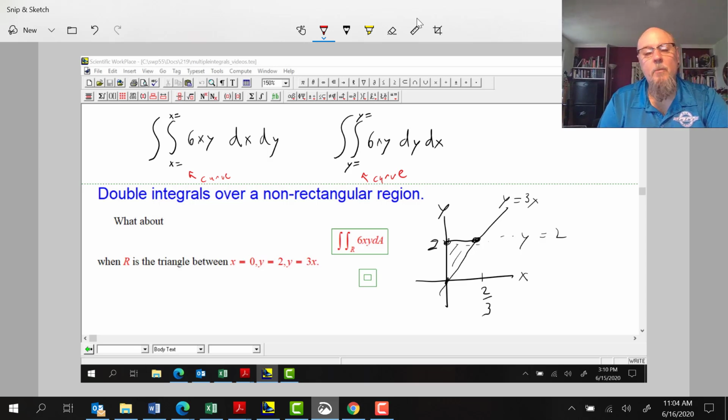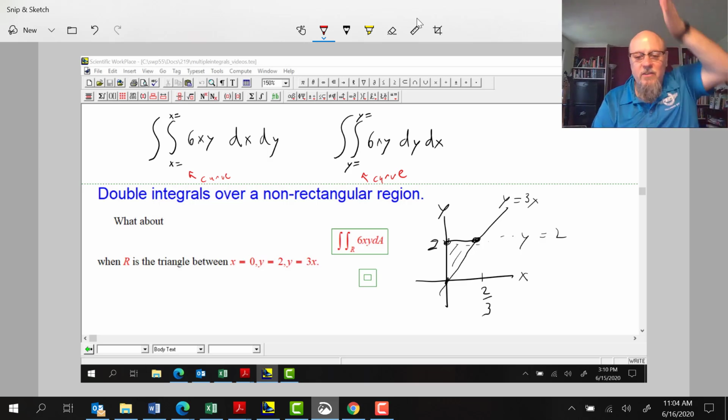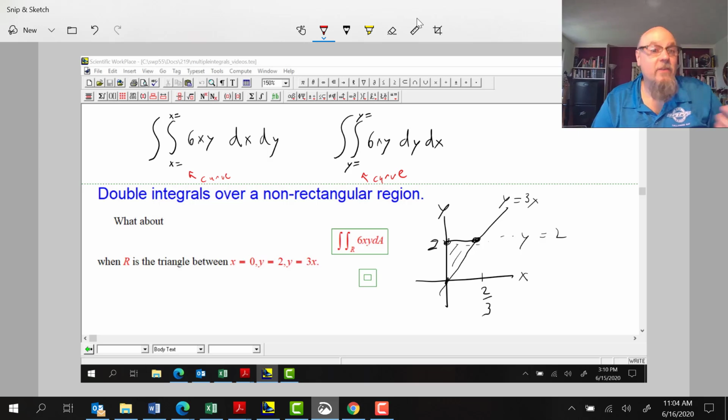Now, we did write them as if they were numbers when it was a rectangle, but I could still think of them as curves, because in this case, this is the curve x equals 0. So by writing 0 here, I'm really writing x equals 0.